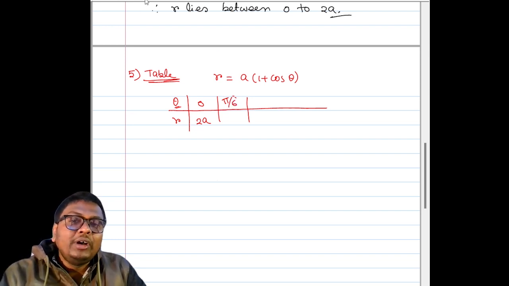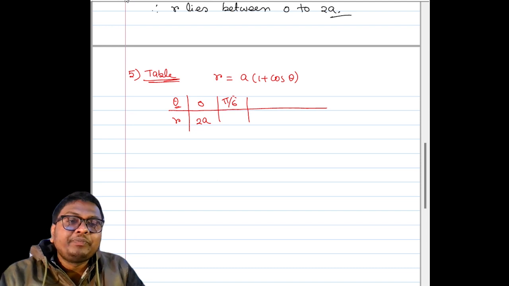At 30 degrees, the value of cos 30 is root 3 by 2. So r is 1 plus root 3 by 2 into a.